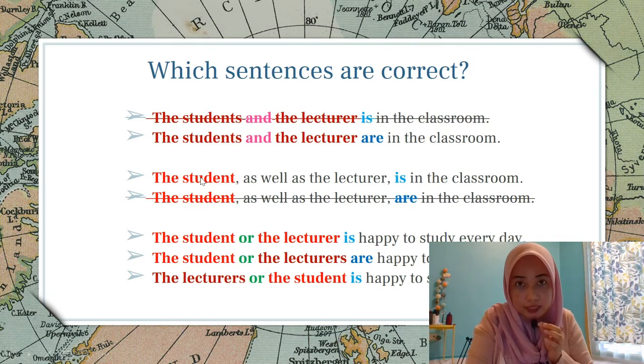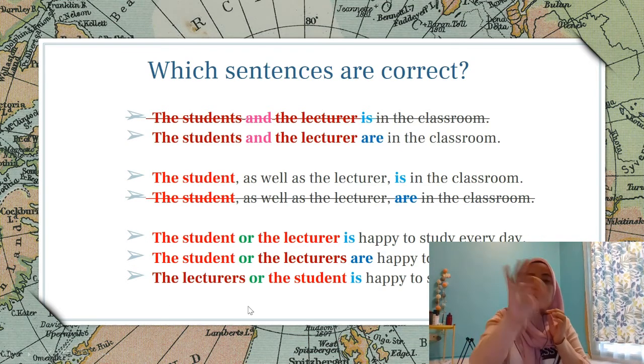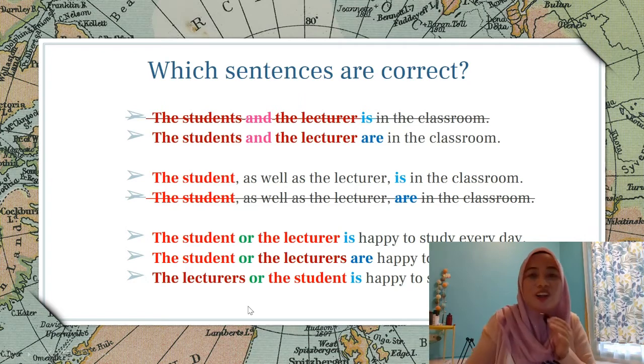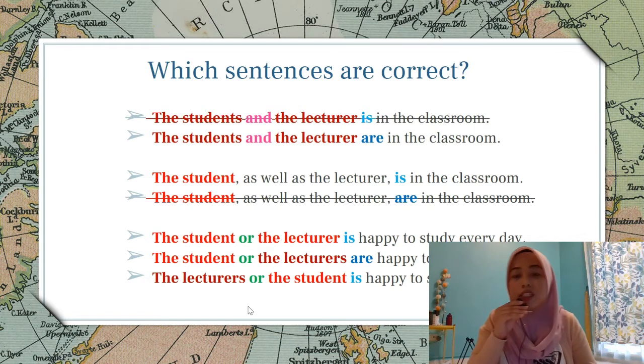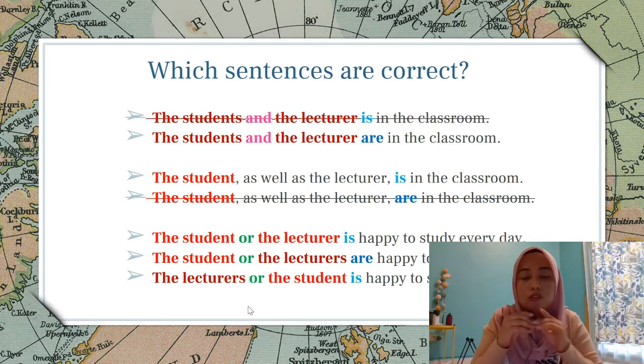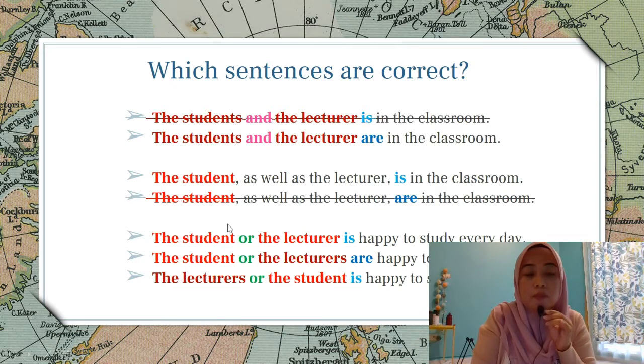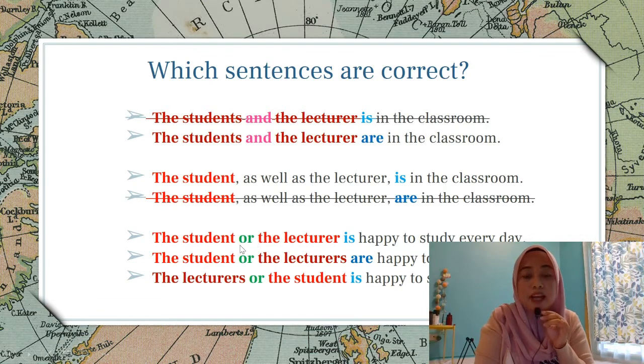All right. And lastly, for the third question, all sentences are actually correct. I'm just playing with you guys. For the first one, the student or the lecturer, both of the subjects here are singular. And they are combined with the word or, so your verb is singular. What about the second one?